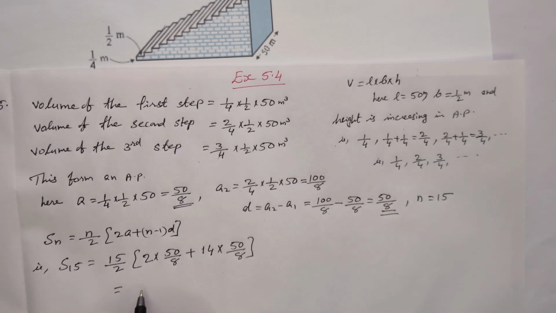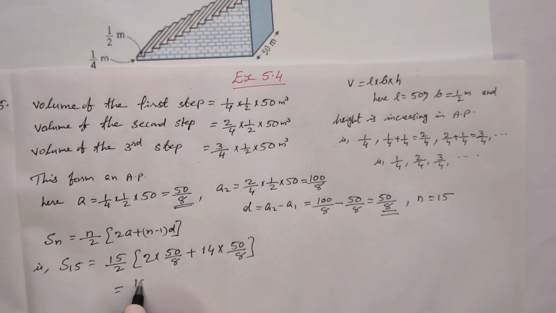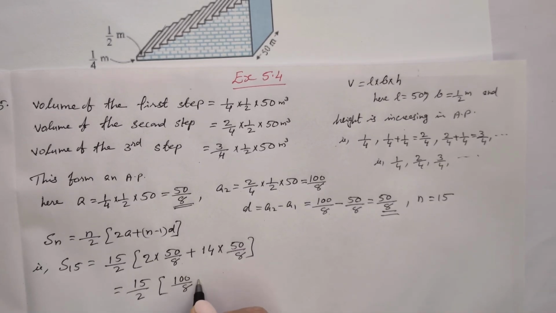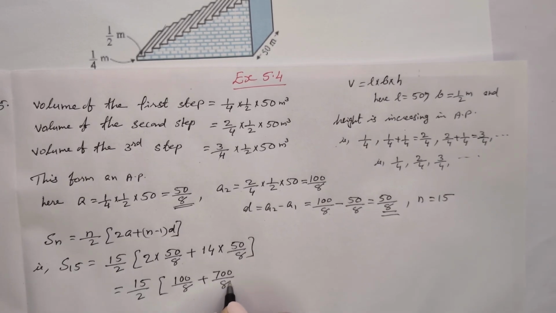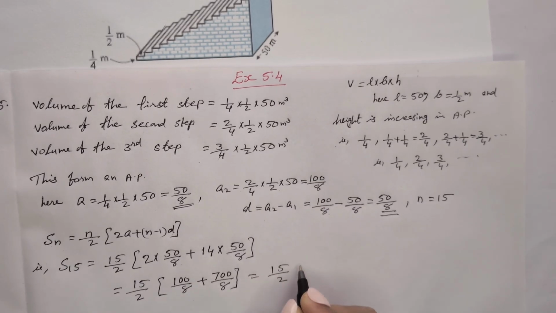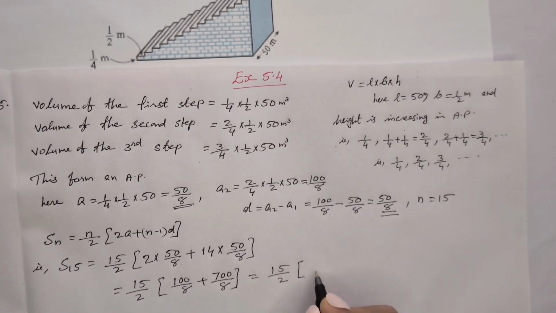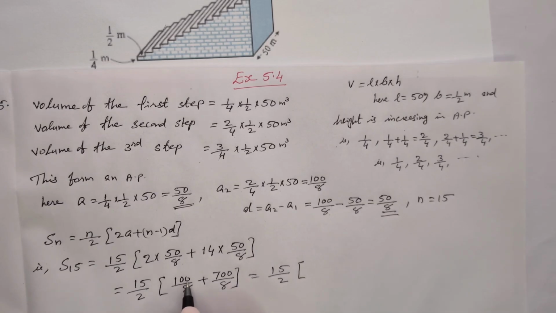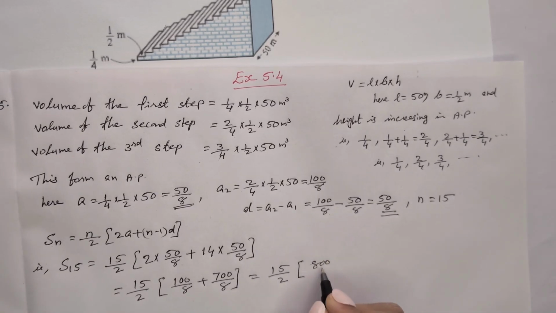Which is equal to 15 by 2 in bracket 100 by 8 plus 14 into 50, 700 by 8, which is equal to 15 by 2 into 8 is common, so 700 plus 100, 800. 800 by 8.